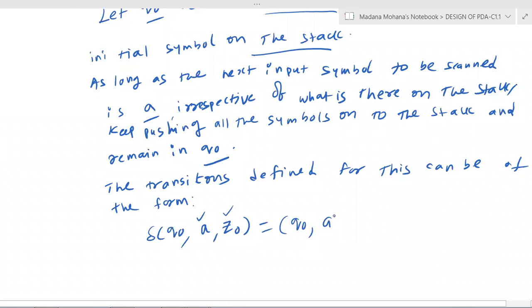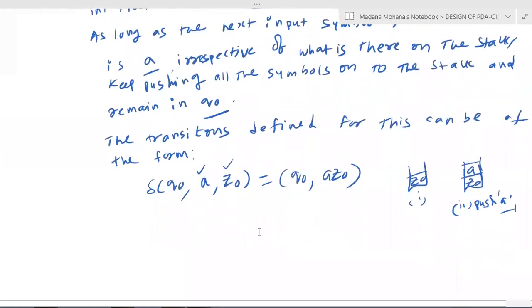A is pushed onto the stack. Initially this is the stack. Whenever input A is scanned, this A is pushed onto the stack. So push A onto the stack. This is the first step.